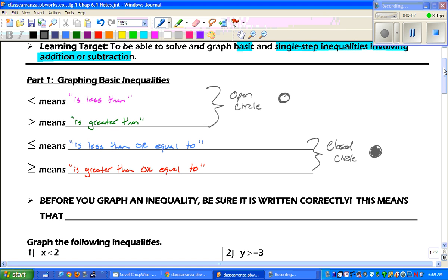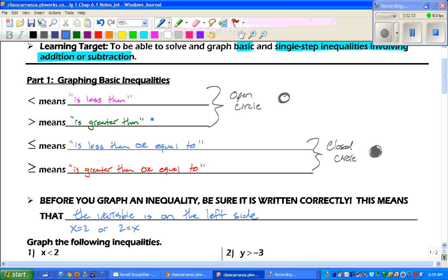Before you graph an inequality, be sure it is written correctly. What that means is the variable is on the left side. Okay? So before, we've had problems where it can be, say, x equals 2 or 2 equals x.